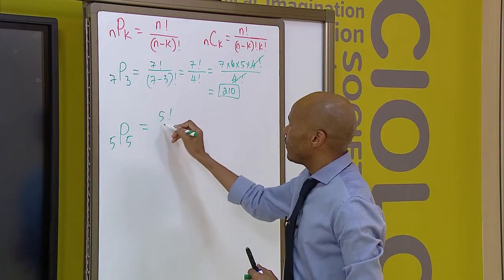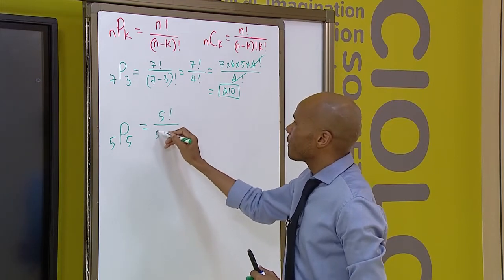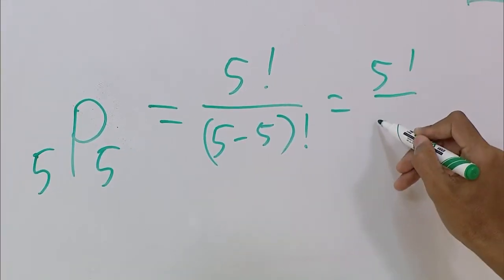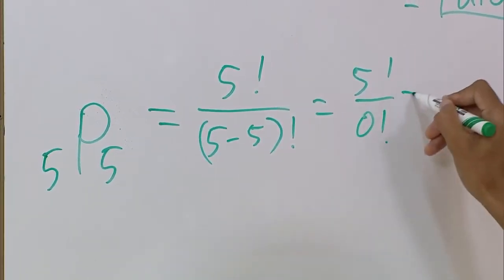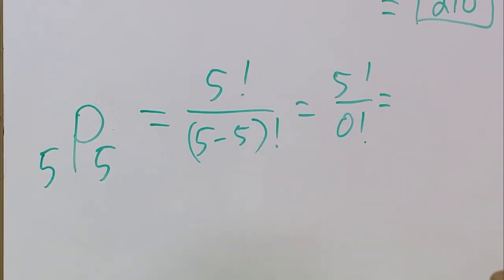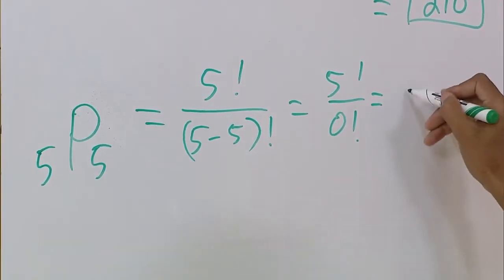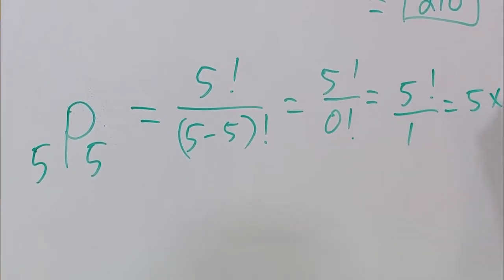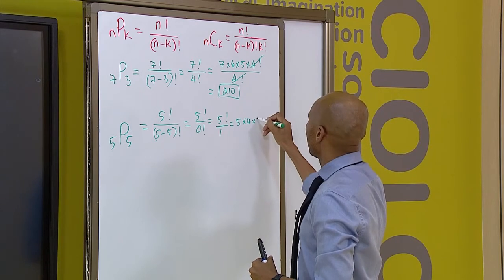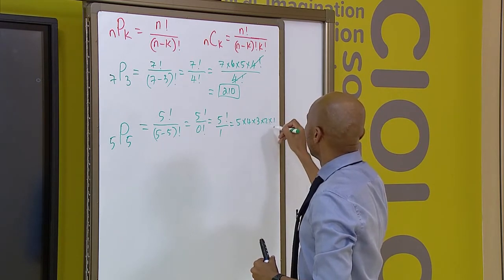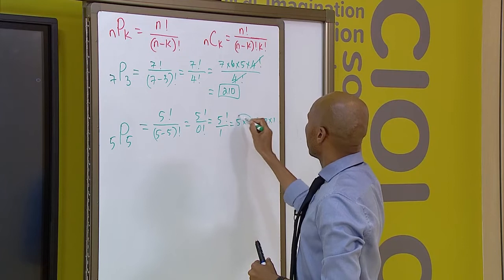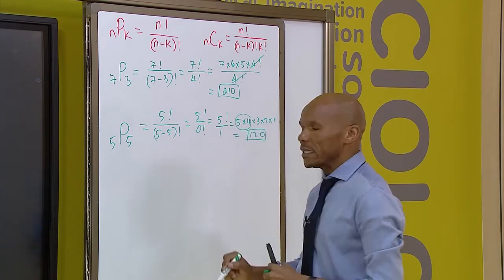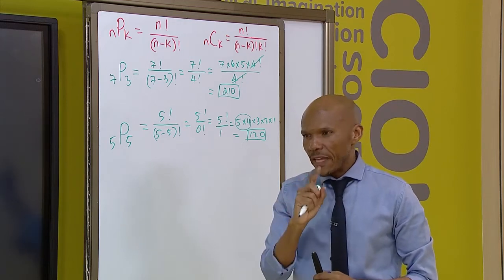That would be 5 factorial divided by (5 minus 5) factorial, 5 factorial divided by 0 factorial. And remember what we said 0 factorial was? 1. So that will be 5 factorial divided by 1, which is 5 times 4 times 3 times 2 times 1. 20 times 6 is 120.